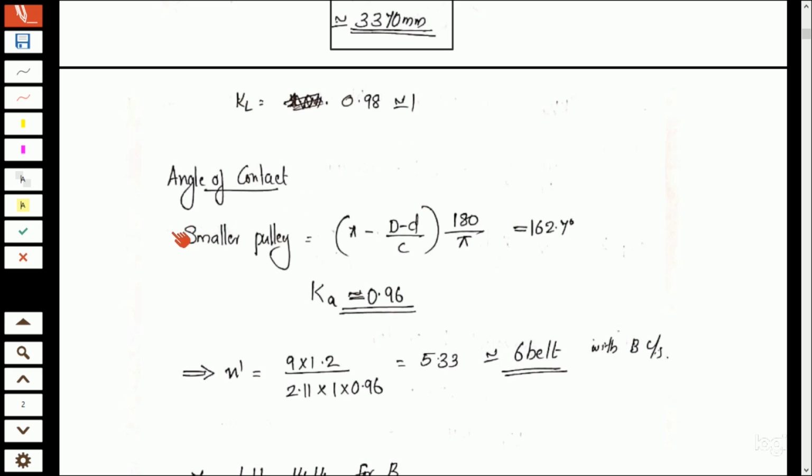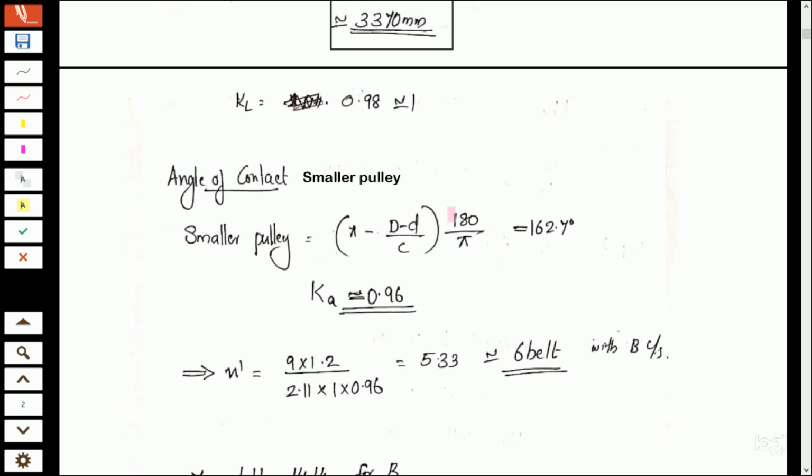Okay, then I have calculated the angle of contact of the smaller pulley. Keep one thing in mind, you calculate the angle of contact of the smaller pulley. That is sufficient. The equation provided in our data handbook is pi minus capital D minus small d by c, but I have added a 180 by pi here.